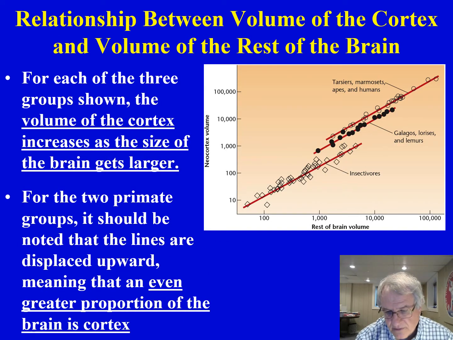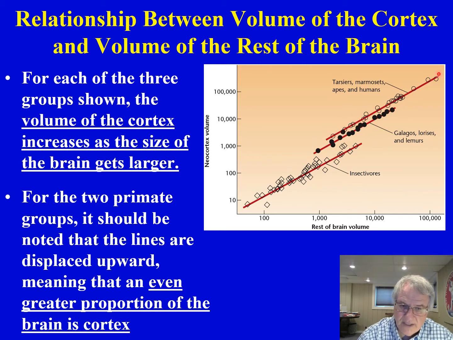Here's an interesting figure. This shows the relationship between the volume of the cortex of the brain, the smart part of the brain, and the volume of the rest of the brain. If you take a look at that, you see this very interesting upward sloping curve when you begin to look at the size of the cortex relative to the size of the brain.